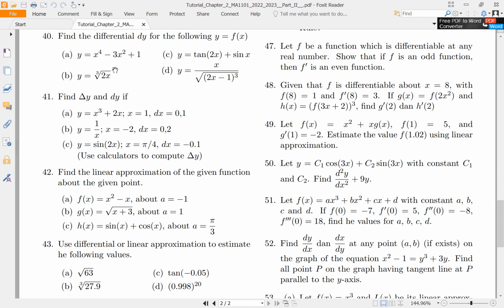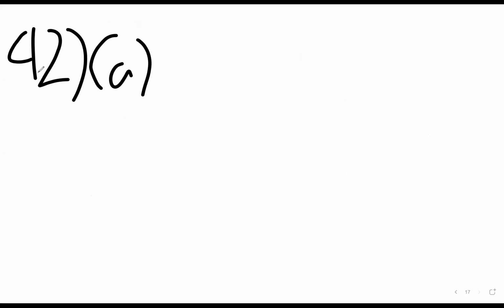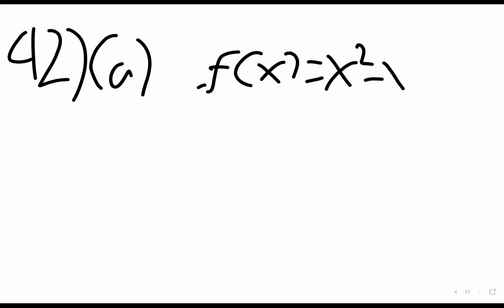So let us take a look at the solution. For 2a, the function is f of x equals x squared minus x, and a equals -1. If we want to find the linear approximation, the idea is to first find its derivative.